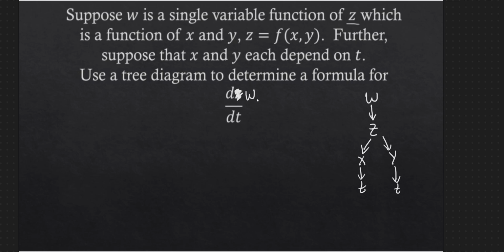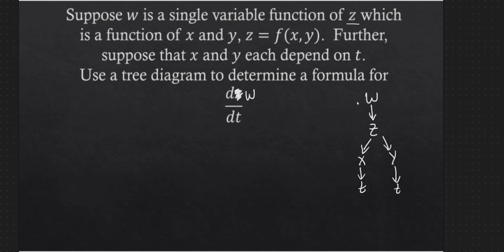So what if I want dw dt? Notice that if we follow this down to any of the leaves of the tree, we just have t there, which tells us that w is a function of the single variable t. So that means dw dt is just a regular derivative, but we'll have to use some partials to get there.